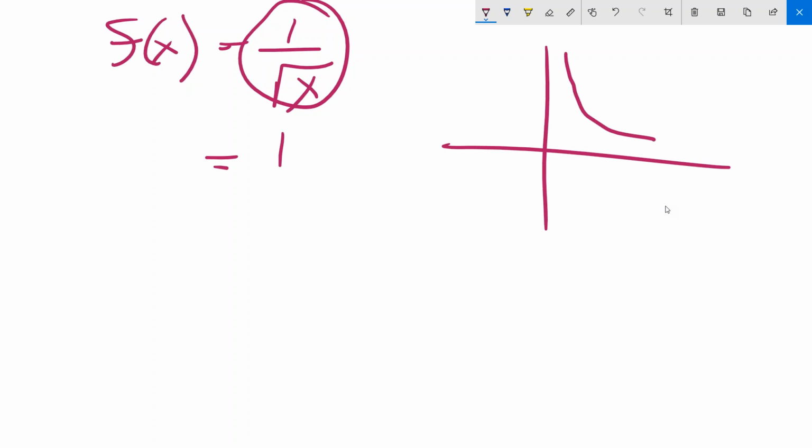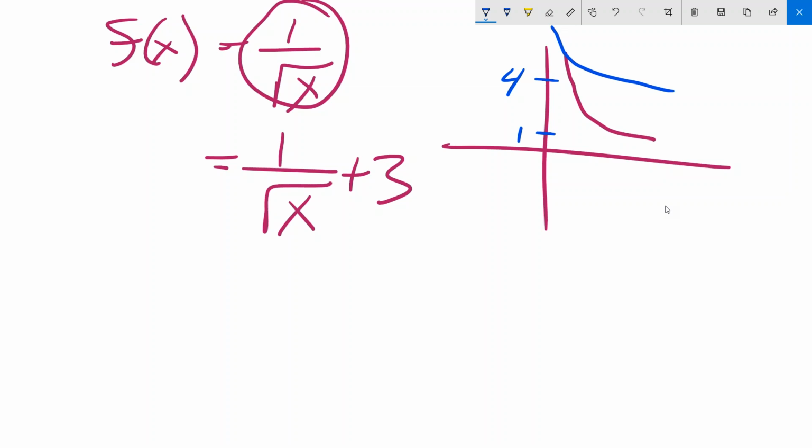If I want to know what this is, then I'll just move this exact curve up 3 units so that this, instead of being at 1, is now at 4, and you have a curve that is asymptotic with that. So we can take this new parent function, 1 over root x, and transform it however we like.